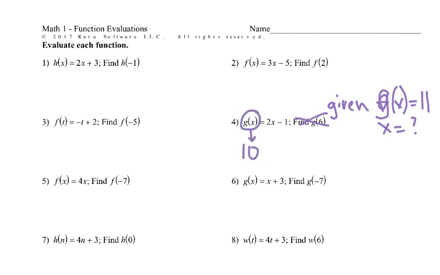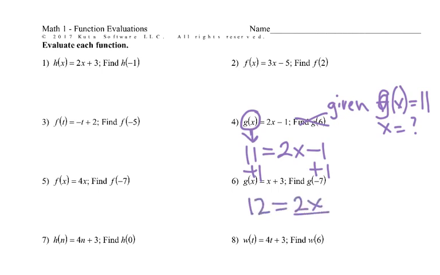So I replace g of x with 11, and we get 2x minus 1. Now, this is only when you're given the output, not the input, and you have to work backwards, okay? So don't mix this up. So I add 1 to both sides. So 11 plus 1 would be 12, because now I'm just solving for x. Divide by 2, and we get 6 equals x, which is kind of what our original answer was, which you probably already had. Okay, but that's a way that you can do it in those situations.